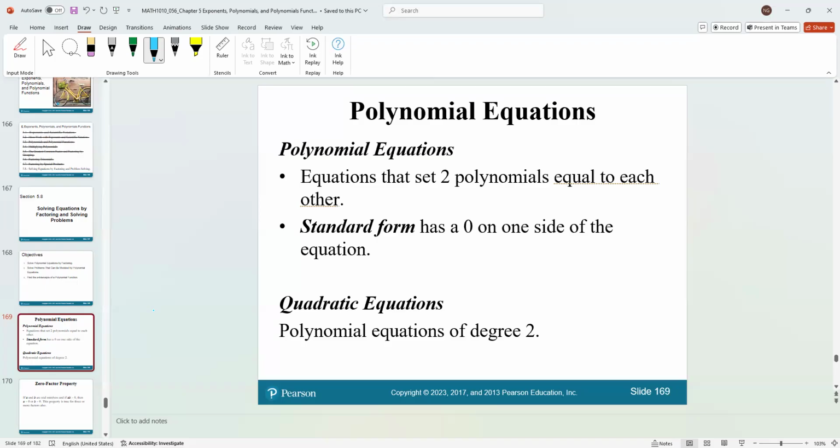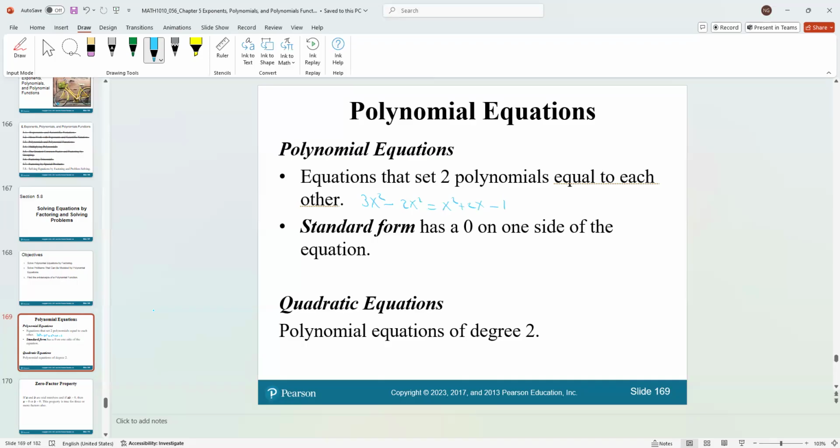For example, if you have 3x squared minus 2x squared equal to x squared plus 2x minus 1, that is an example of a polynomial equation.